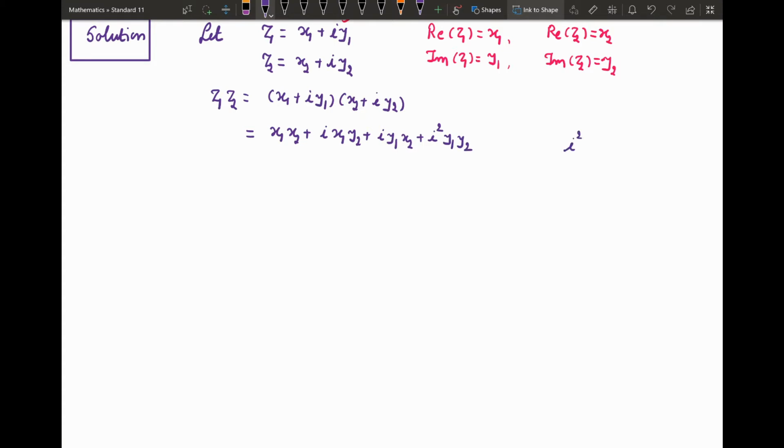Now we know i square equal to minus 1, so this is x1 x2 minus y1 y2 plus, here we take i common, i into bracket x1 y2 plus y1 x2.